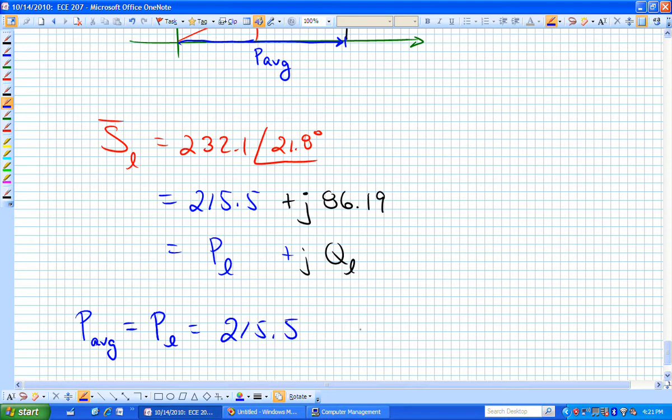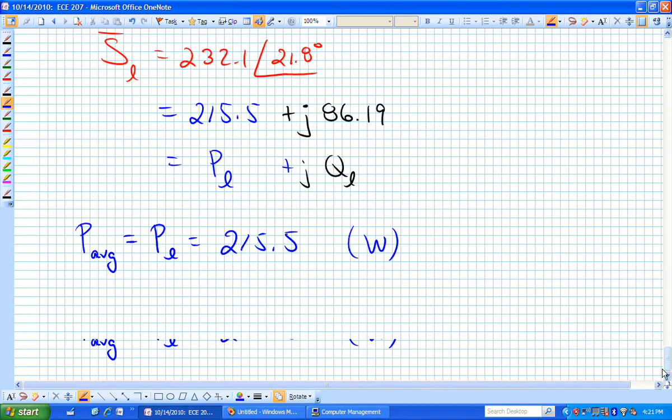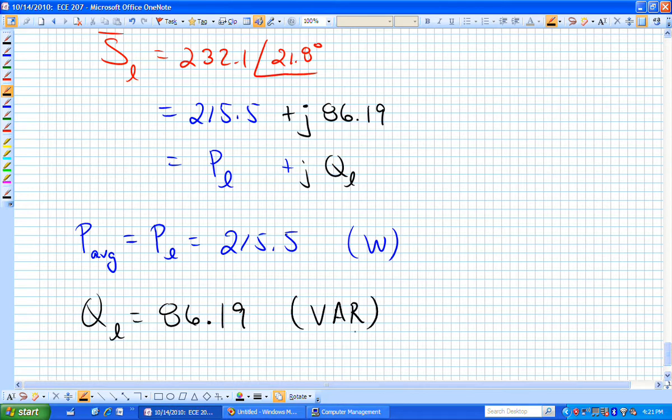What are the units? Watts. My reactive component is Q sub L, and the sign of that tells us whether it's leading or lagging, or inductive or capacitive. That's a positive 86. That has units of volt amperes reactive, or VARs.